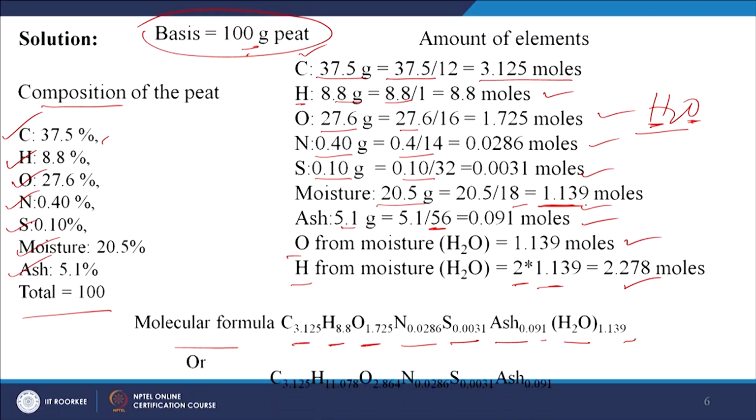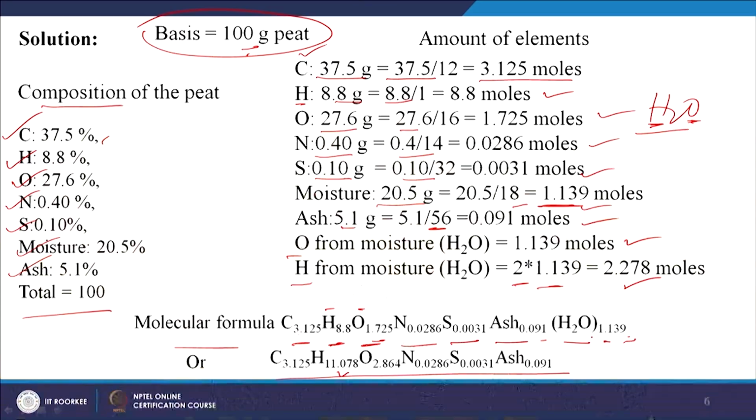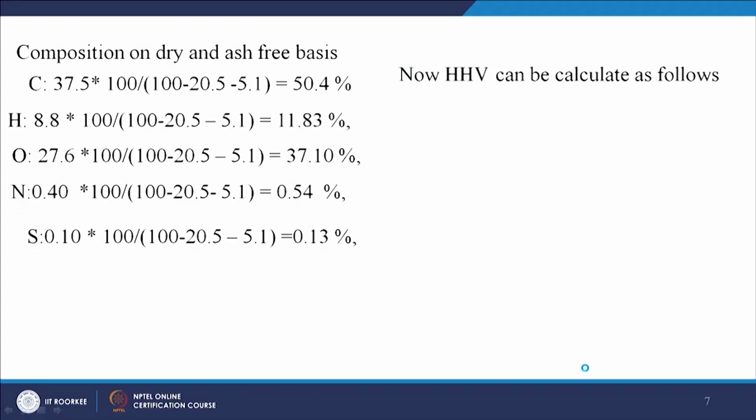Or if we replace this moisture in terms of oxygen and hydrogen, then we get this formula where only the hydrogen and oxygen coefficients are changed. So, hydrogen is 8.8 plus 2 into 1.139, that is 11.079, and oxygen is 1.725 plus 1.139, that is equal to 2.864. So, this is the molecular formula of the peat sample. So, one part of the first question is done, then we will see the heating value.